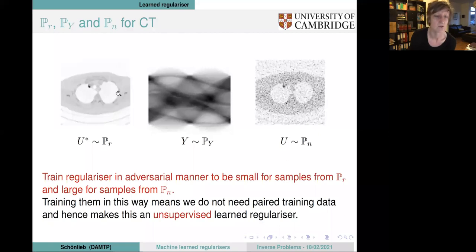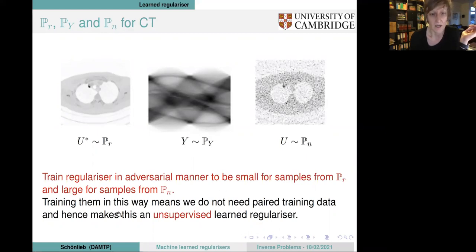So this is CT. This is your ground truth image, a sample from our distribution PR. Then this is my simulated sinogram, in my measurement space. It is simulated at the moment, but of course, if you have real measurements, that's even better. And then from this, I'm creating my images, my samples from the distribution PN.